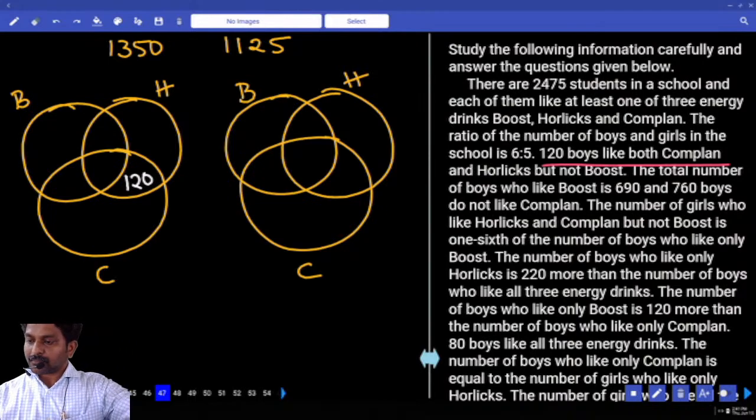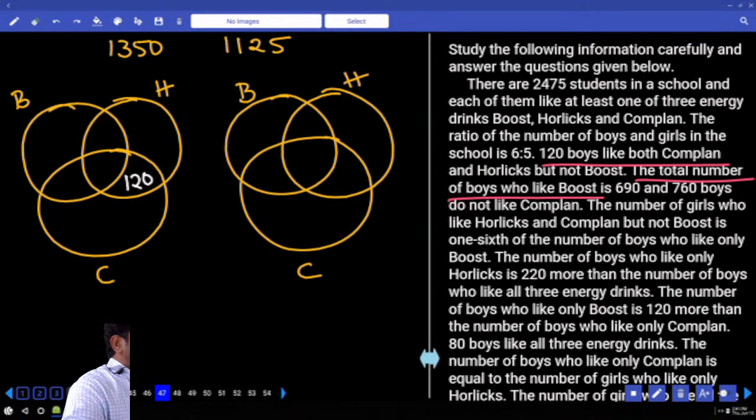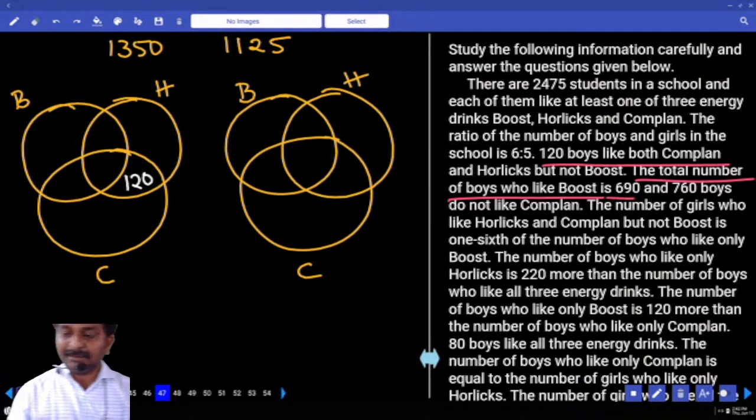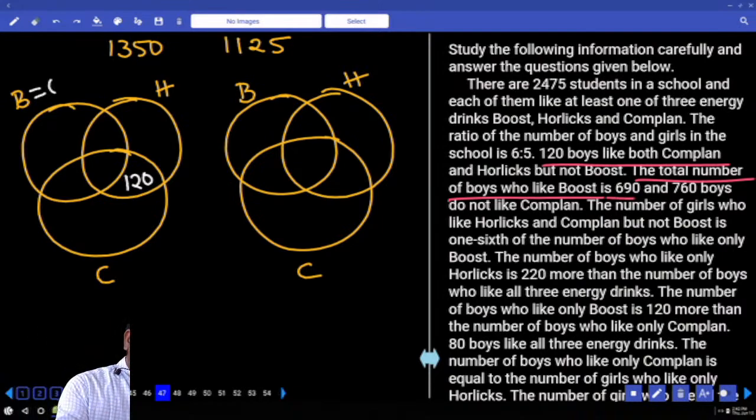Continue. The total number of boys who like Boost, is it Boost or only Boost? If it is Boost, the total circle you should consider. Only Boost, only this part, tick mark, correct? But now they are talking about Boost. It is 600 and it is equal to 690.